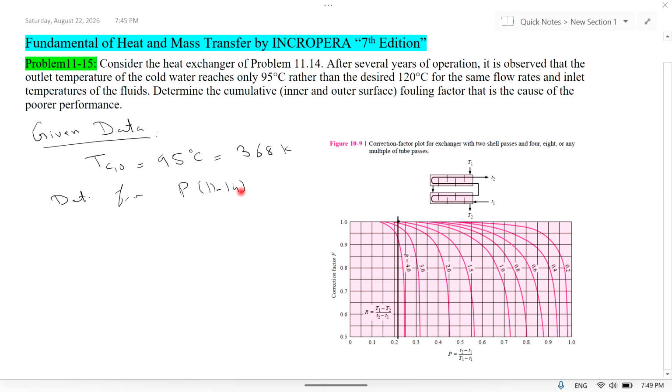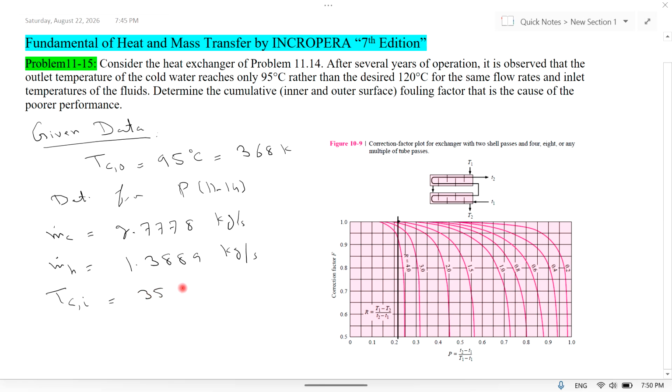From 11.14, the mass flow rate of cold water calculated by us was 10,000 kilogram per hour, but in kilogram per second it will be 2.7778 kilogram per second, and the mass flow rate of hot water was 5,000 kilogram per hour. In kilogram per second, this is 1.3889 kilogram per second.